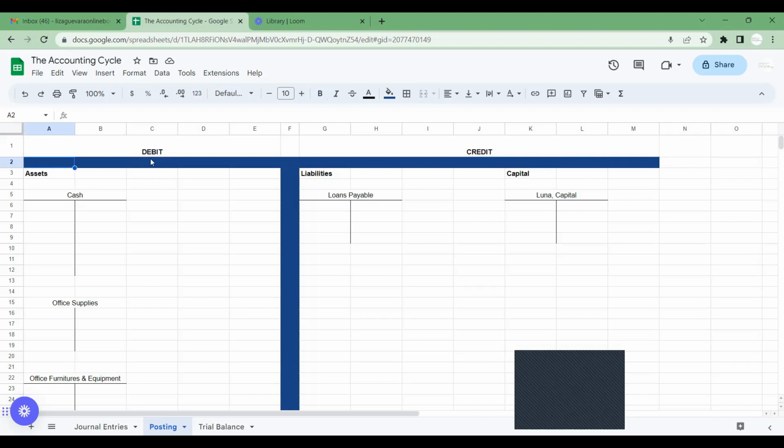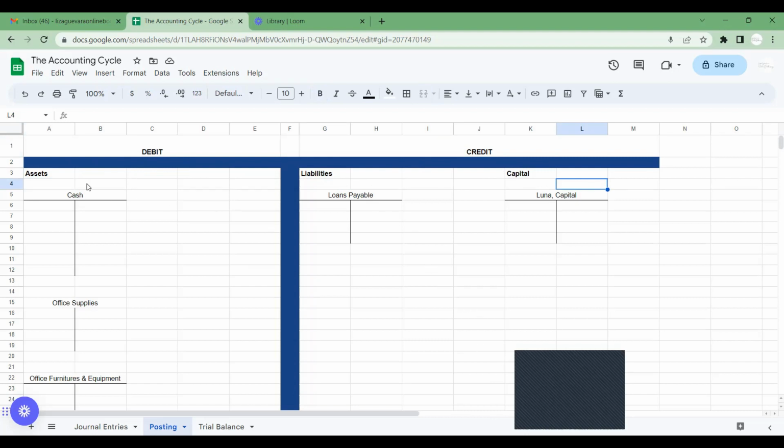On the left side of your T account is the debit side, and on the right side of your T account are the liabilities and capital. If you observe, the assets are on the left side, and the liabilities and capital are on the right side of the T account.